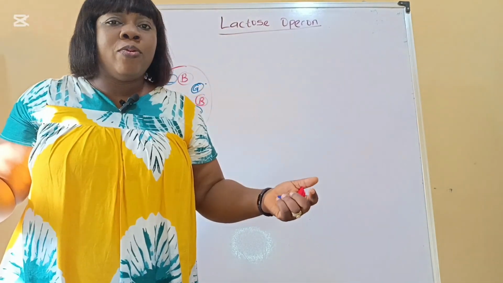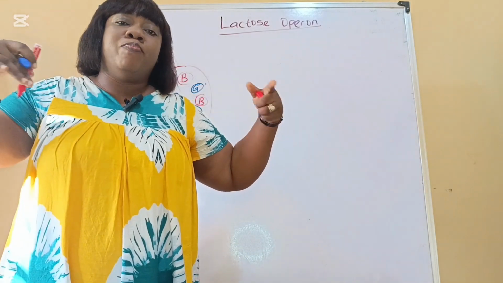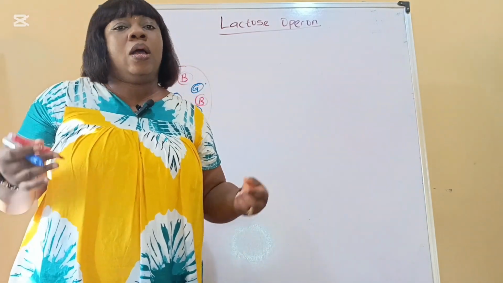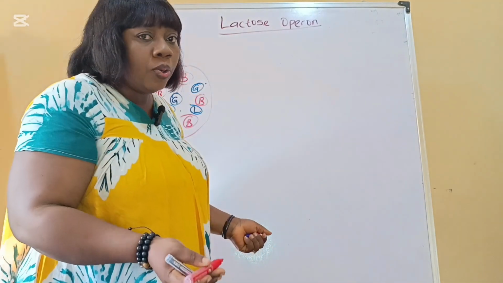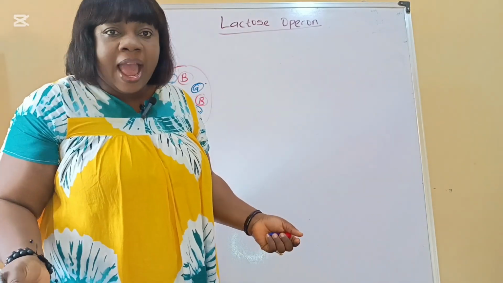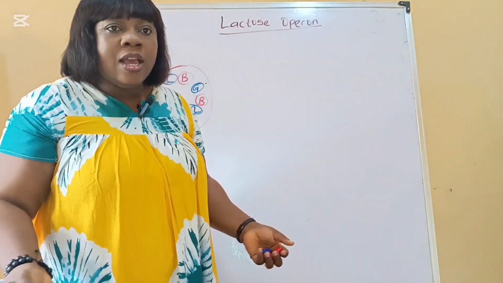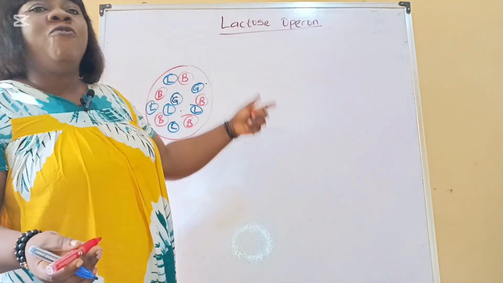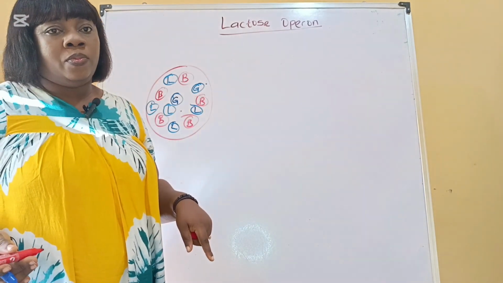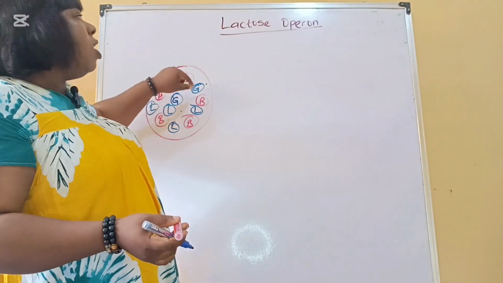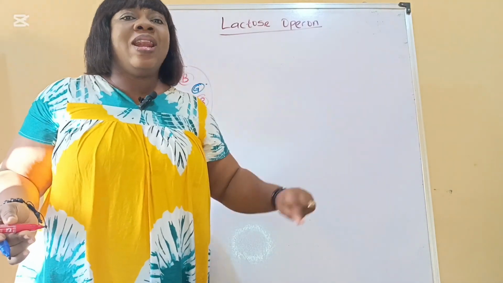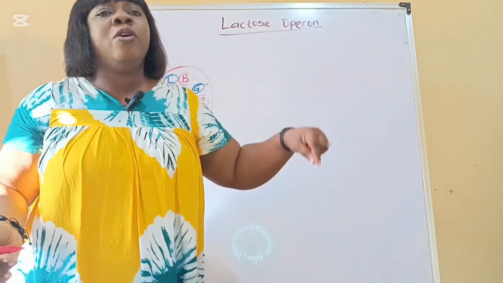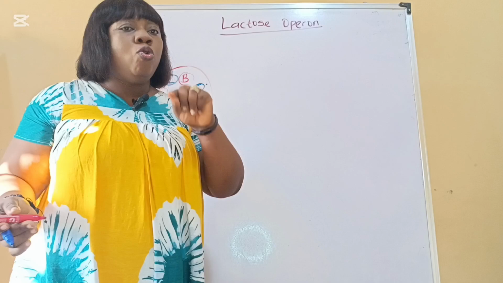So what will happen? The cell will sense that there is not enough glucose and think, I need energy, I need to metabolize. So the cell will help in the uptake of lactose, and lactose will be used in place of glucose.